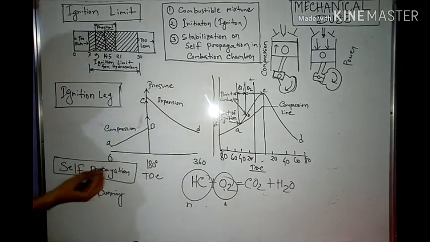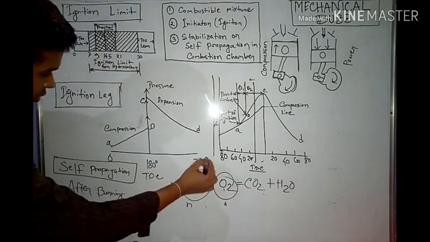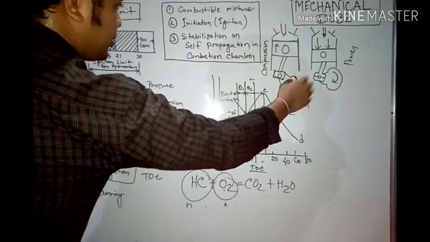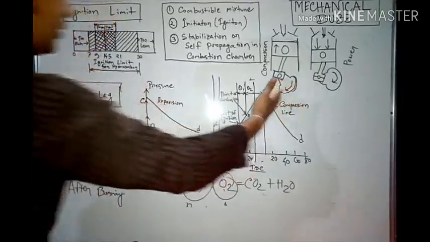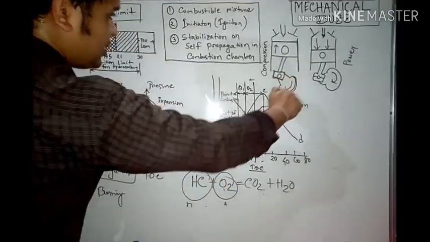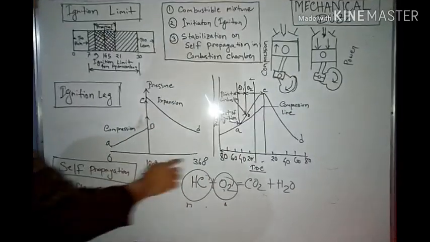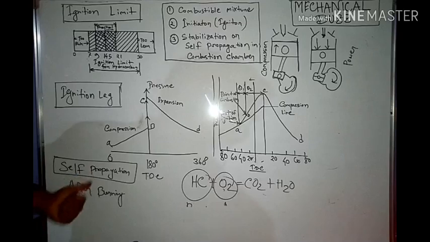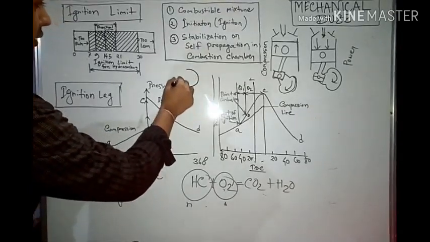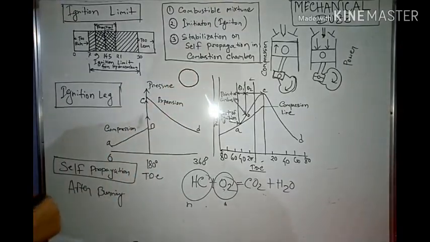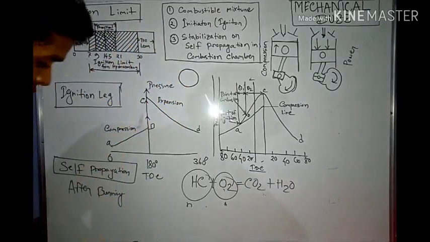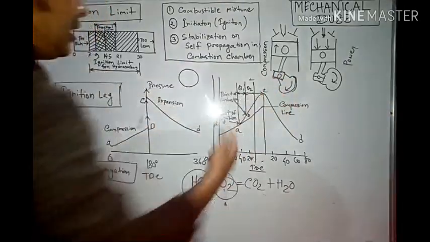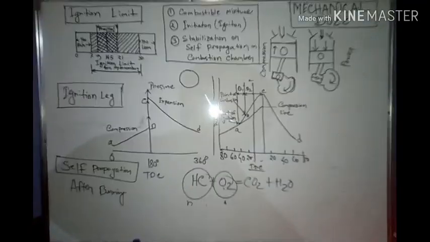From 0 to 360 degrees means the crankshaft rotates fully once, and a circle has 360 degrees, right?